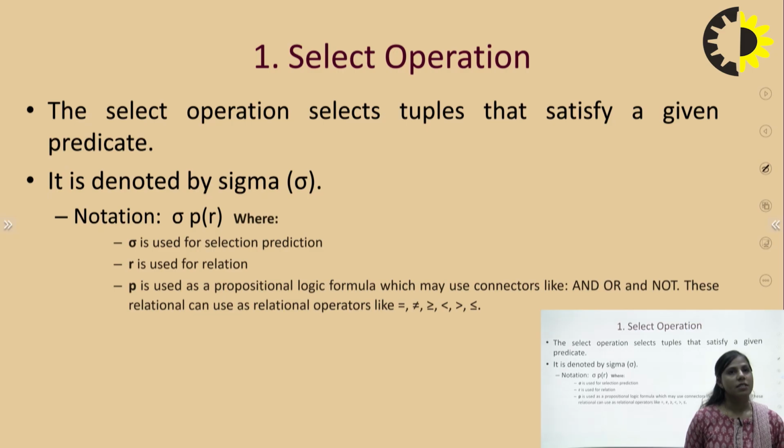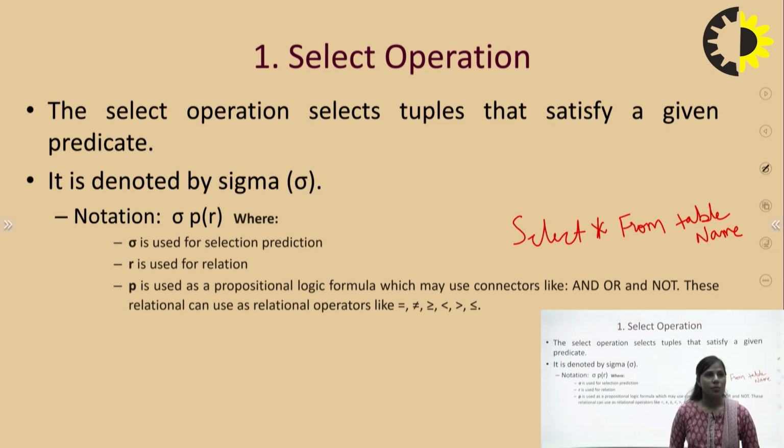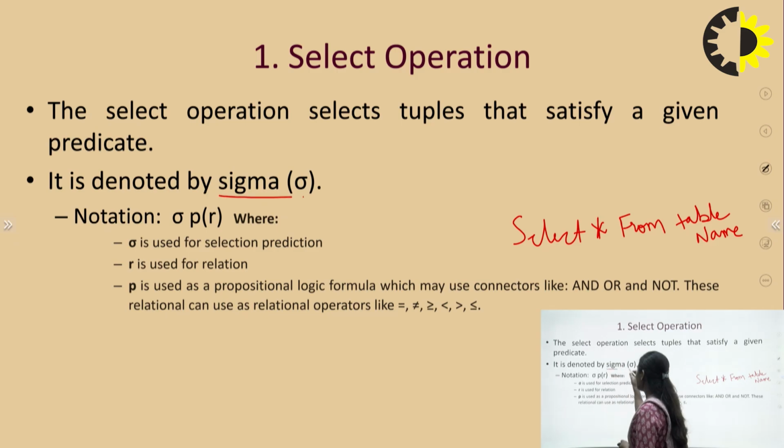The select operation is similar to what we have used in SQL. In SQL, we write the select command, then star, and from the table name. This is how we represent it in SQL. But in relational algebra, we denote it by the symbol called sigma.